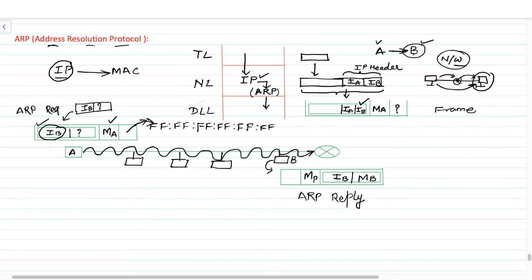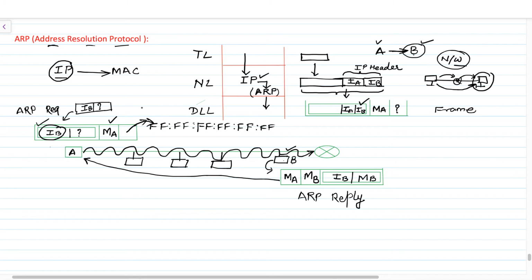Here the source is B, so it is MB, and the destination's physical address or MAC address is MA. How will this host get the destination's MAC address? It was already present in this request. So now this host knows exactly the MAC address of its destination. So this reply will be unicast to host A.